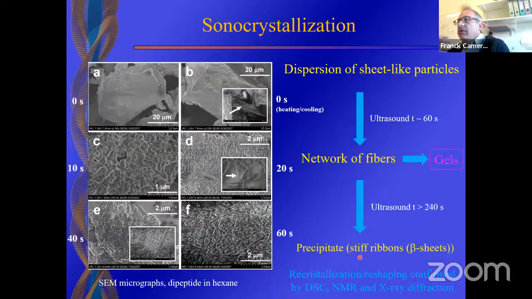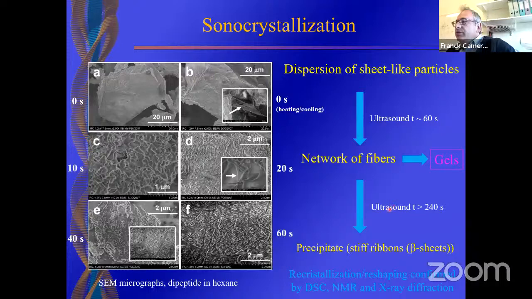So we checked by SEM what was happening over time. At the beginning, you have sheet-like particles, which are not soluble in the solvent. As soon as you apply ultrasonic stimulus, you have the reshaping of these sheets into fibers, which leads to the formation of the gel.